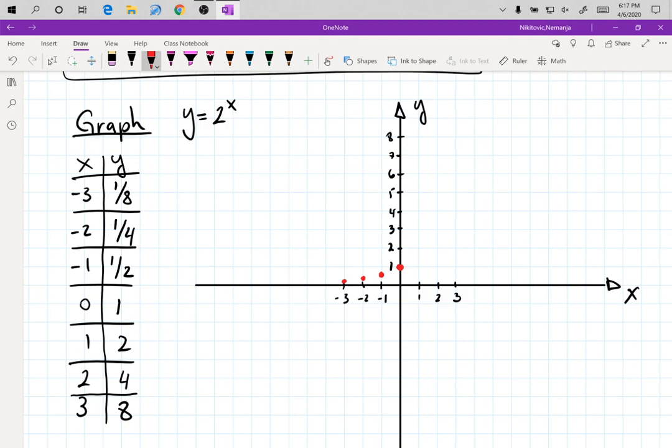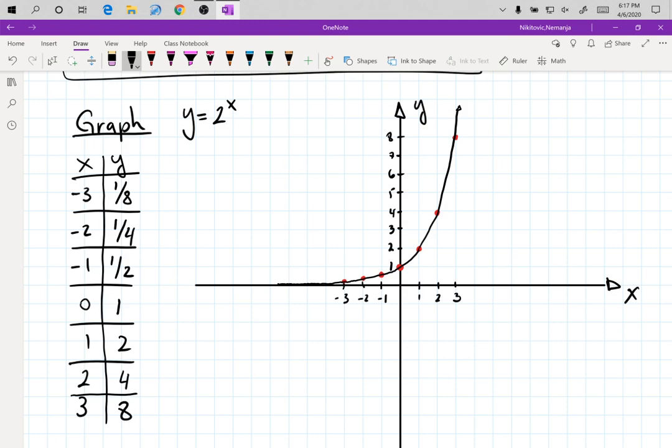On the other side, 1 goes with 2, 2 goes with 4, 3 goes with 8. So if we draw the line through these points, we would see that the line will come all the way from -infinity, and it will shoot through all of these points up to +infinity.